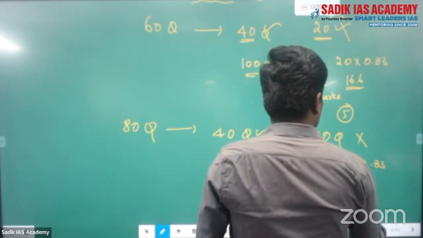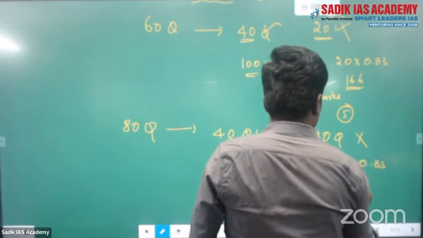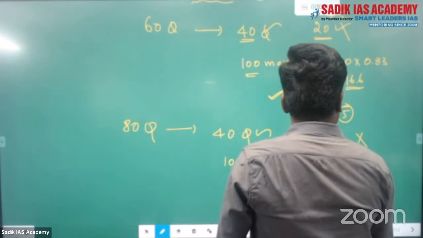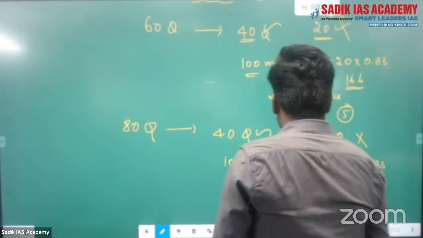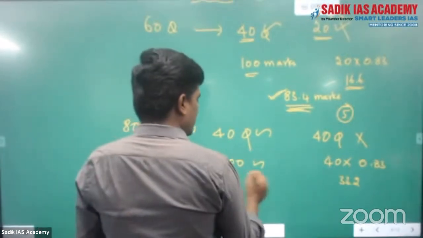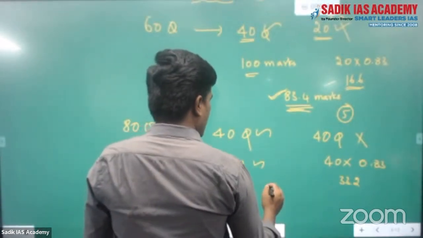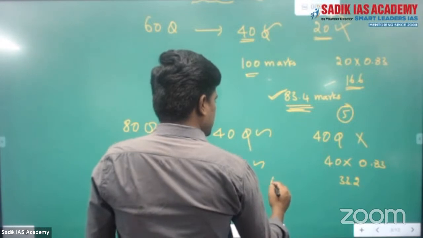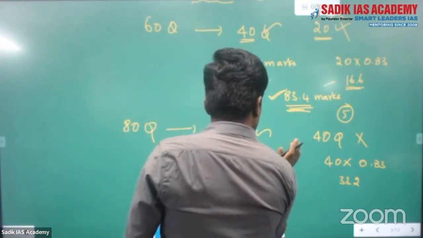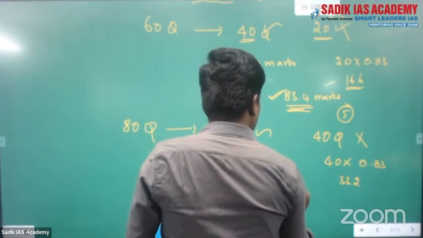So it is 33.2. If you remove the 33.2 negative marking, you will get 100 minus 33.2, which is 66.8.